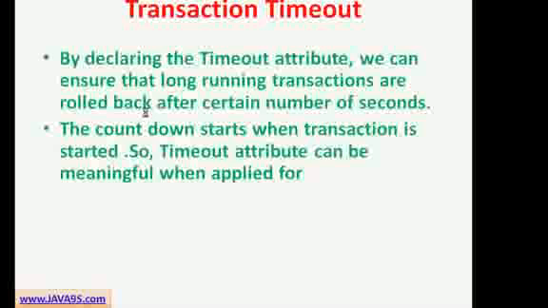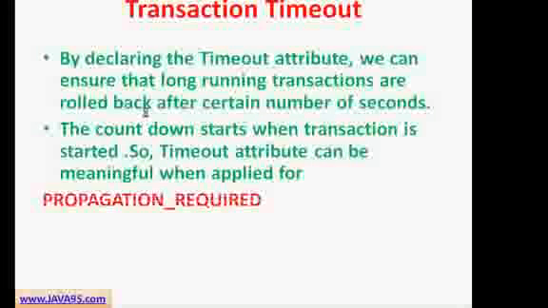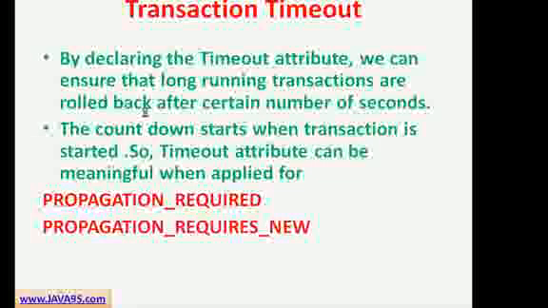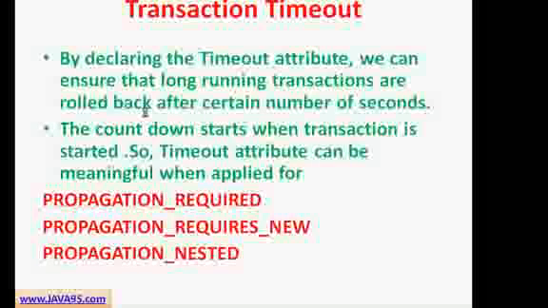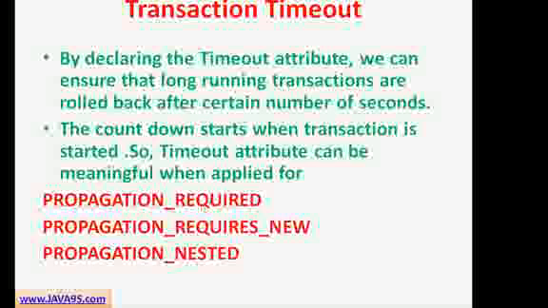So this kind of timeout attribute is well used in propagation required, propagation requires new and propagation nested kind of transactions. In these situations, this timeout will work better, because these will start new transactions, and nested depends on the database.